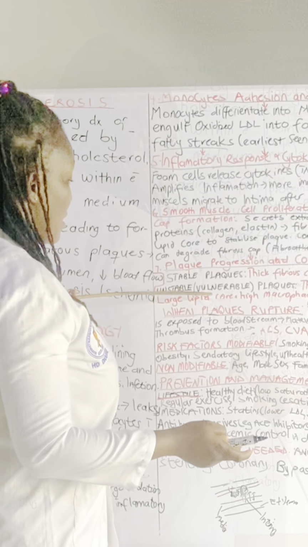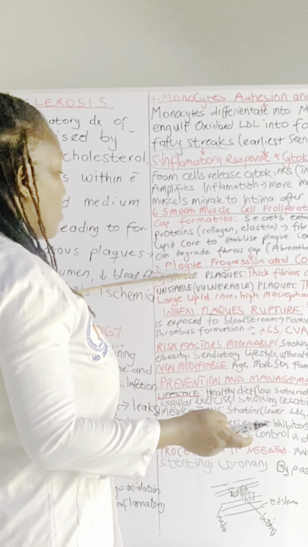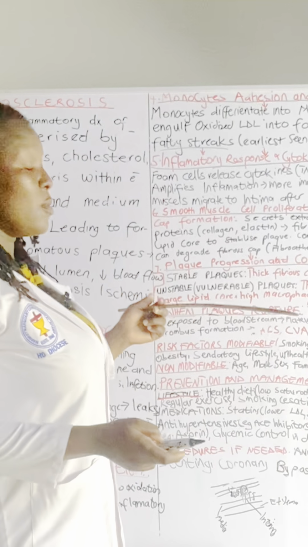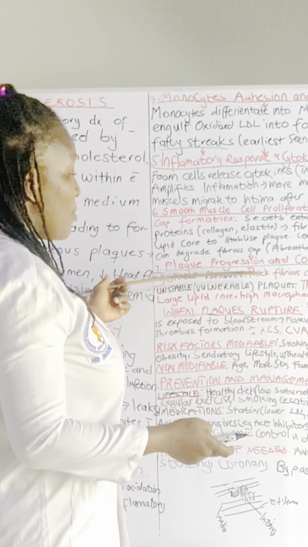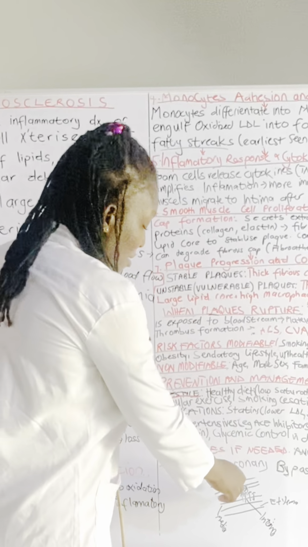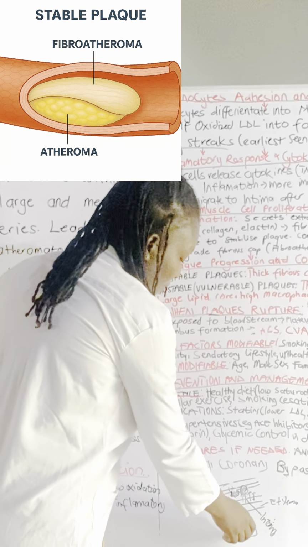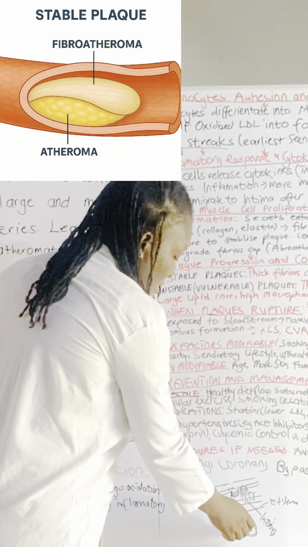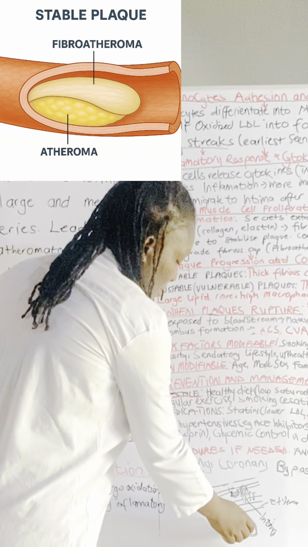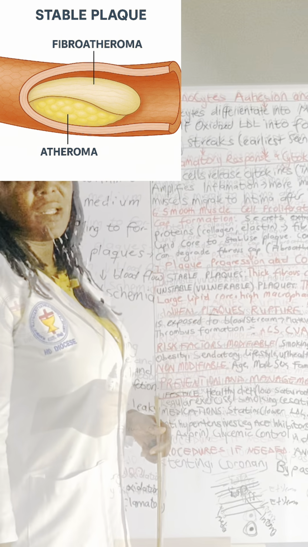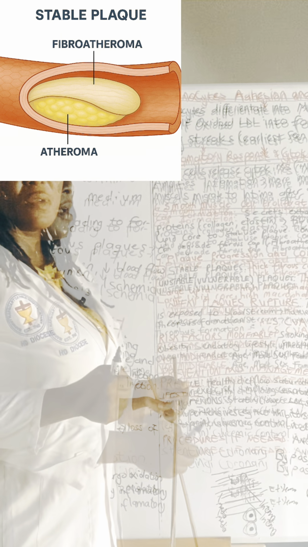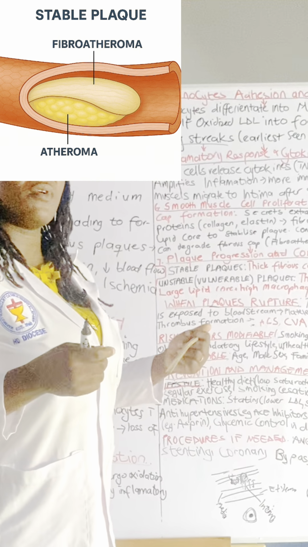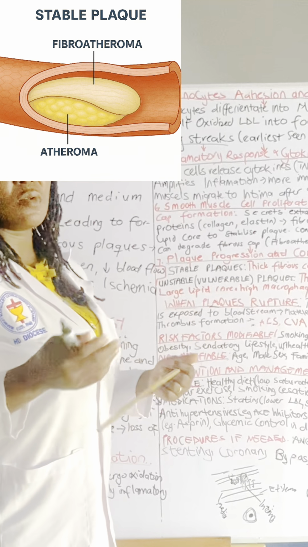When it gets here, like I said already, we can have a stable one or a non-stable one. A stable one is the one that has a very thick fibrous covering and just a small lipid core. That's a very stable one. The fibrous covering is hard enough, so it will be very difficult for this plaque to rupture.